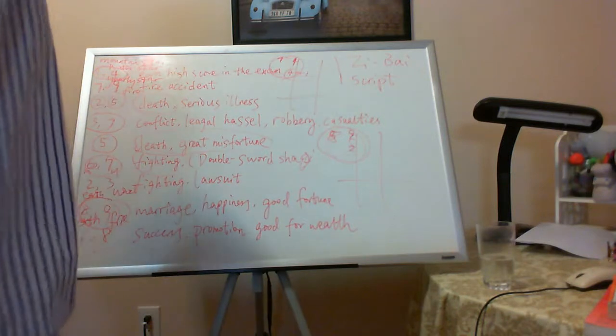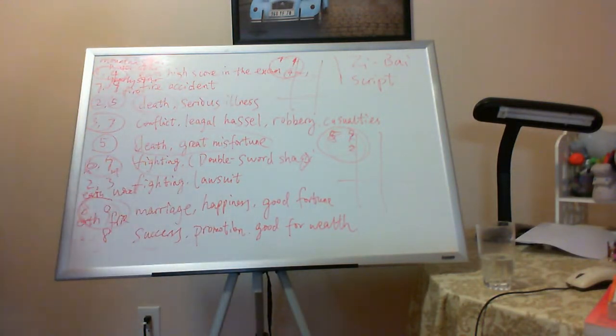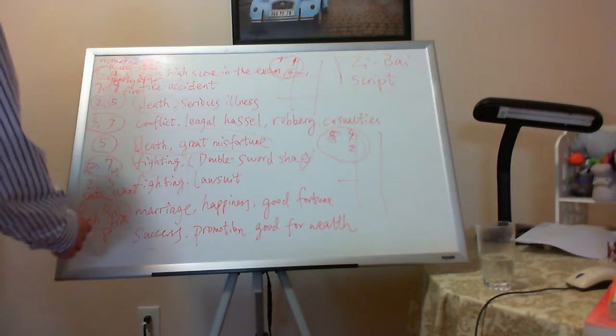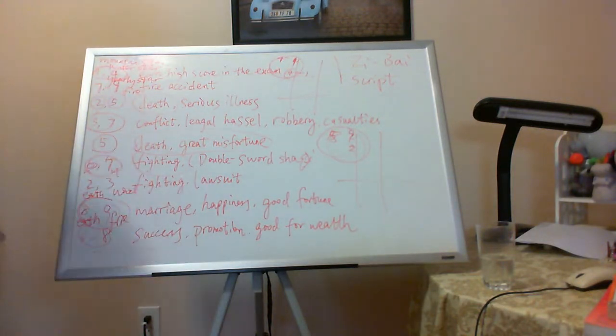And finally, we have star 6 and 8. The combination of star 6 and 8 means success, promotion, good for wealth. This is also very apparent because both of them are wealth stars, right? 6 represents earned income, star 8 represents speculative income.